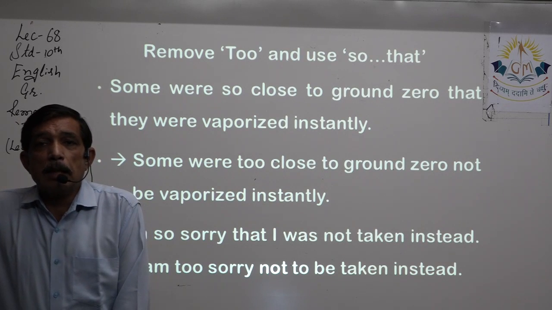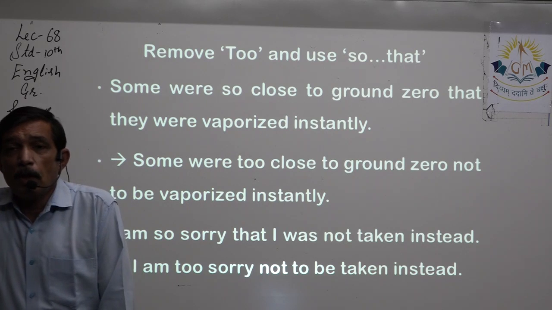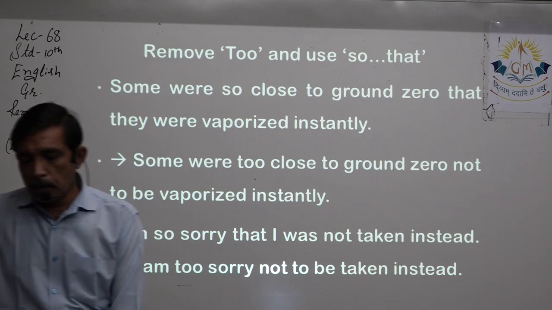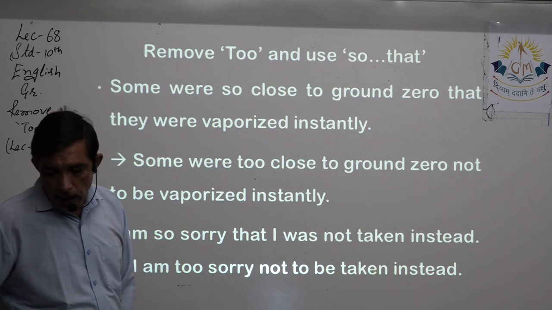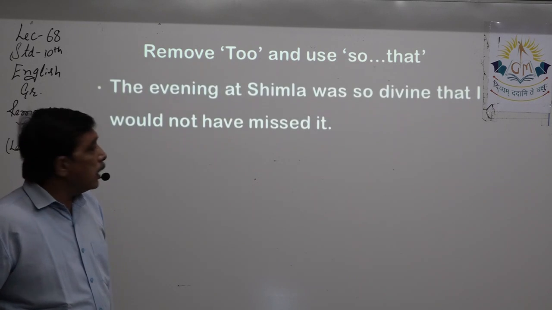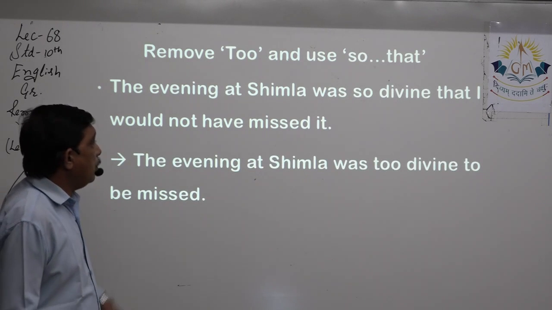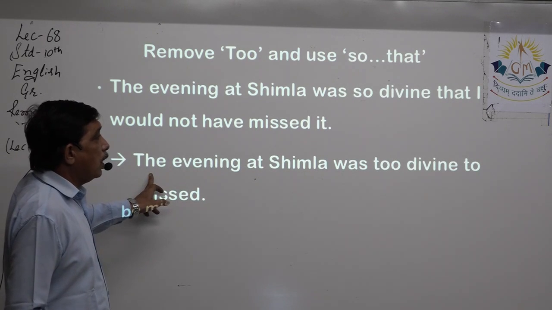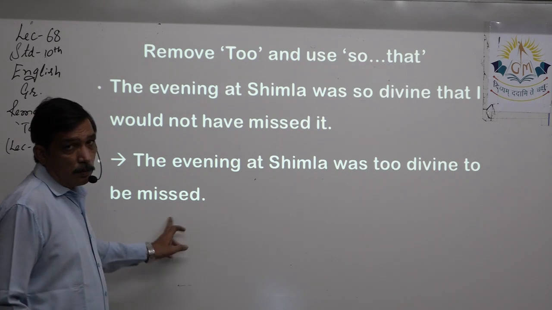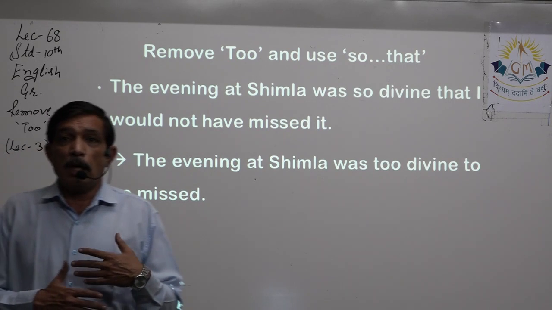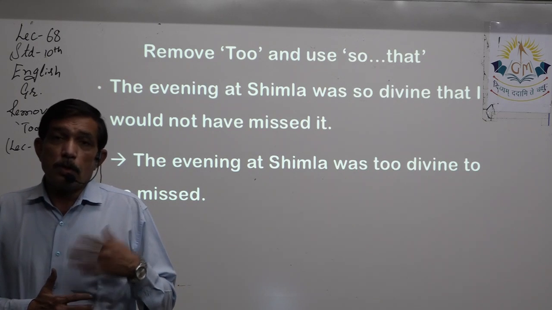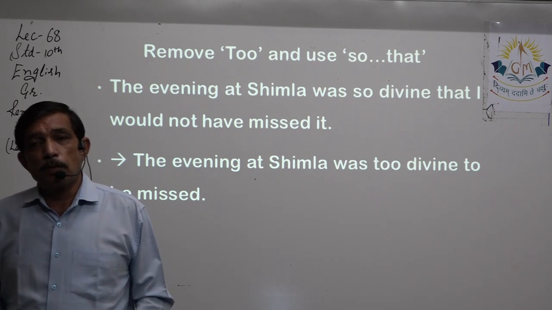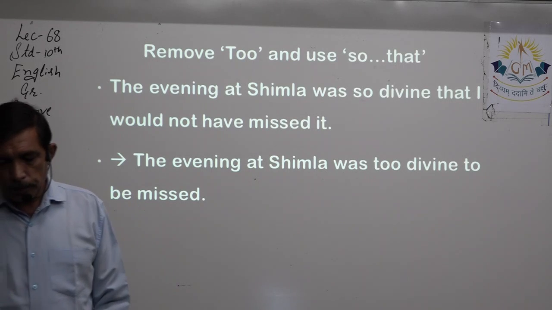Yes, so take, took, taken. That way "taken" is the past participle. Instead, we cannot make any antonym of that. We are helpless over here. But the case over here, right? The evening at Shimla was too divine for what? To be missed. We have something to finish off. That is why we are able to use "to" also and remove negation from the sentence also.